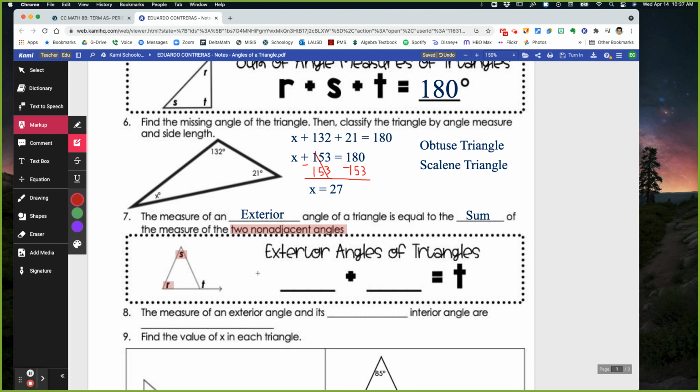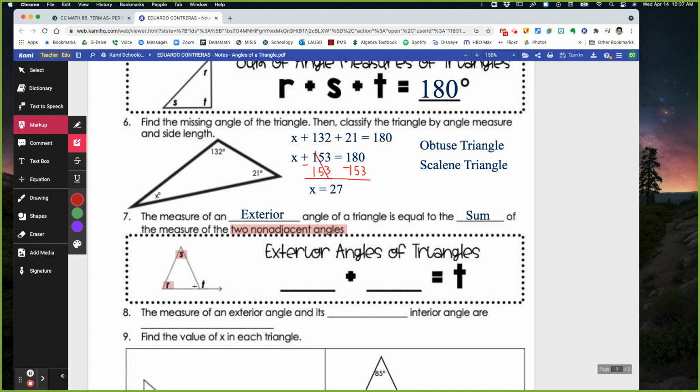So if you have a triangle and an exterior angle, that exterior angle is going to be adjacent to one of the inside angles. It's going to be right next to it. Remember, adjacent means next to. And the angles that it's not adjacent to, if you add them up, they equal the outside angle.